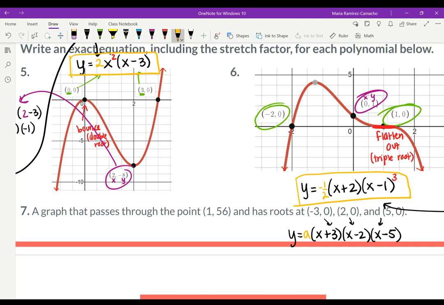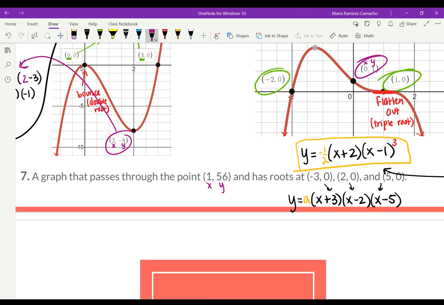We do have a point here to plug in, (1, 56). So we'll plug in 56 for y and 1 for x. So that's going to be 1 plus 3 times 1 minus 2 times 1 minus 5. 56 equals a times 4 times negative 1 times negative 4.